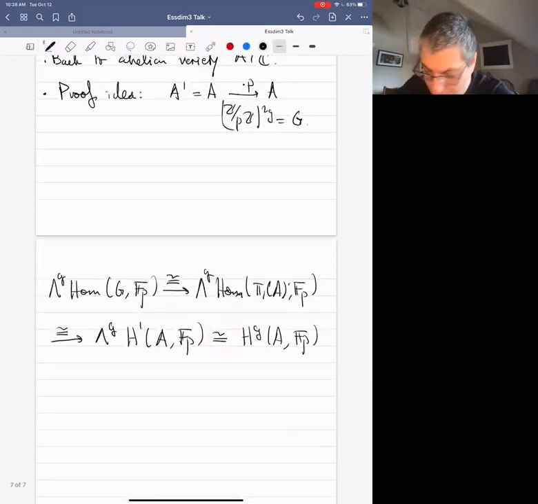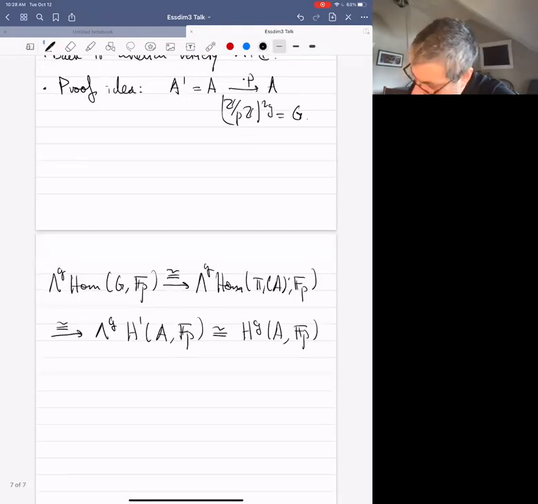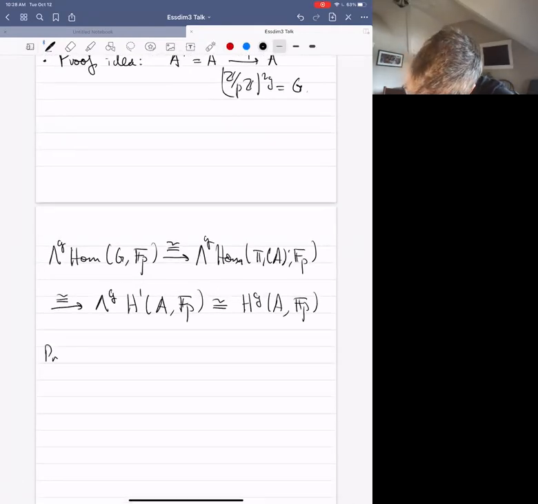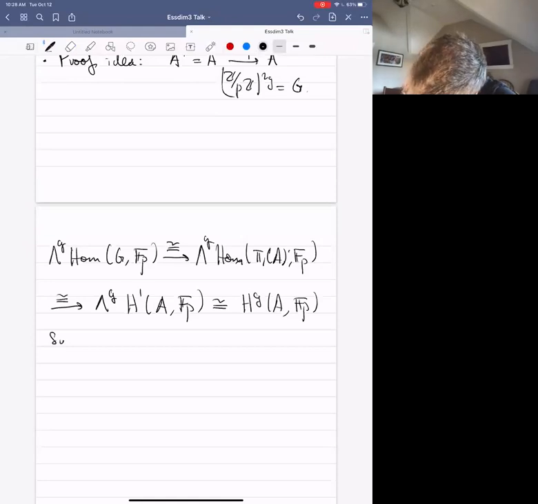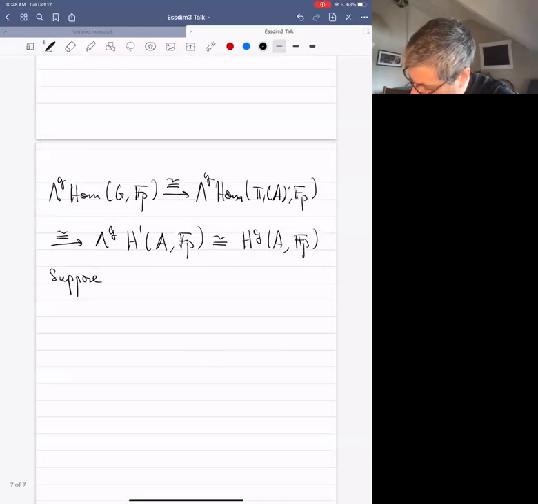So now I can explain the proof idea. Let's suppose that I have a contraction, meaning one of these diagrams that I explained earlier.